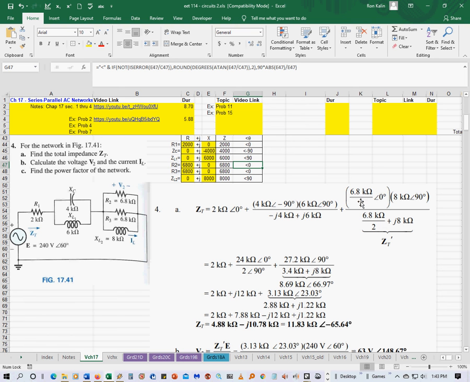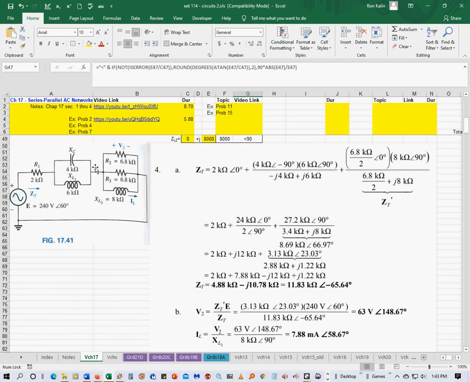But it ends up being just dividing them by 2, angle 0, and that is also in parallel with this inductor, so you multiply in the numerator, and in the denominator you add the equivalent resistance of the two resistors in parallel to the impedance of the inductor. Once you crunch all those numbers down, they call that ZT prime, which is this portion right here. You don't have to call it that. They're just calling that for clarity.